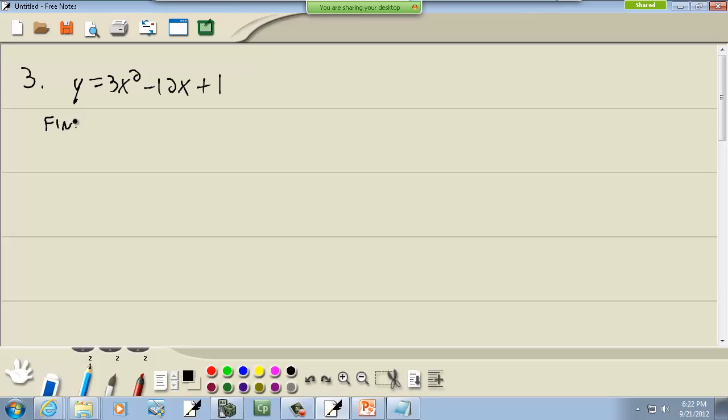And this is finding where our graph is increasing or decreasing.